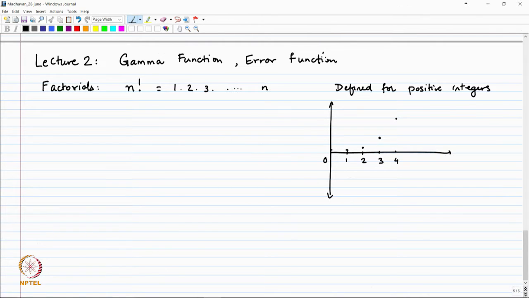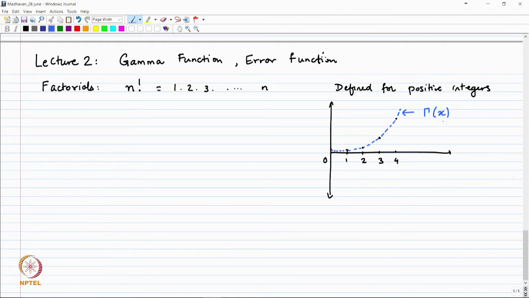So 0 factorial is also 1. Now if you imagine having a function which is a smooth function that passes through all these points, that would be an example of what we will call the gamma function.